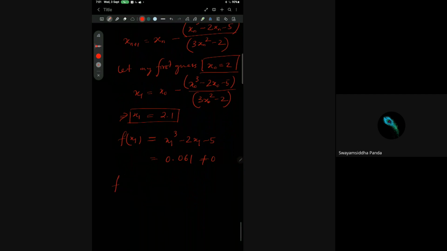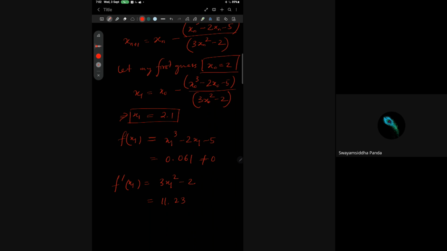So what is f prime x1? f prime x1 is 3x1 square minus 2. Calculate this. 11.23. Okay, good.